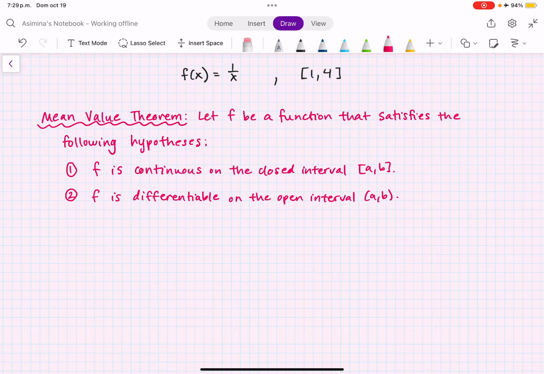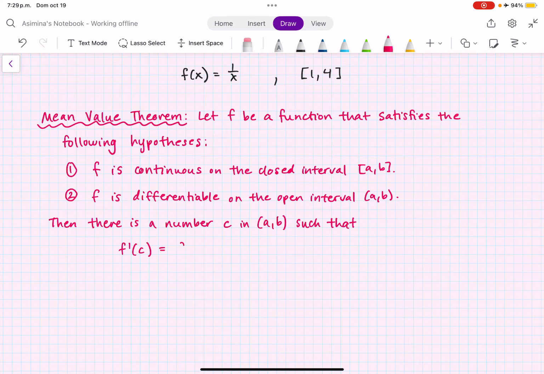So if we have a function f that satisfies these two hypotheses, then we know that there's a number c in the open interval a comma b such that f prime of c equals f of b minus f of a all over b minus a.